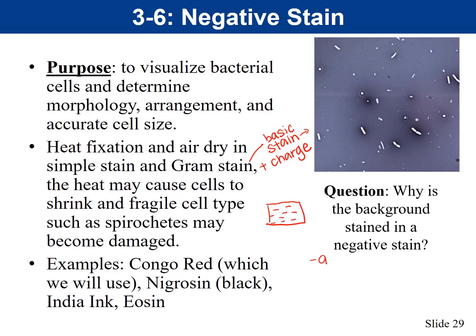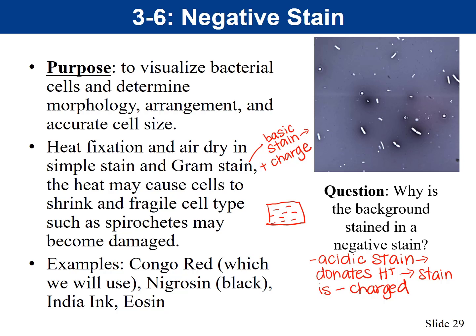The answer is that it is an acidic stain, meaning that it donates hydrogen ions into the solution, and as a result, the stain is negatively charged, right? Because if it donates H+ to the solution, that's going to mean that the stain carries a negative charge.